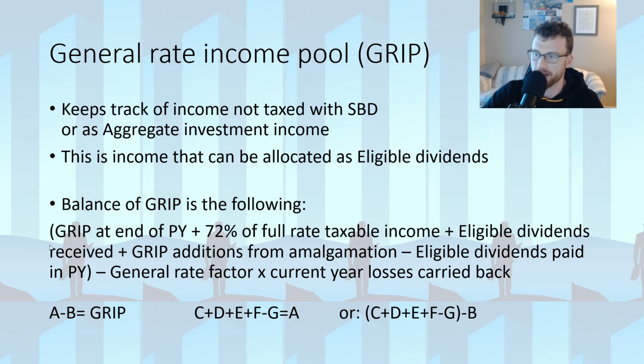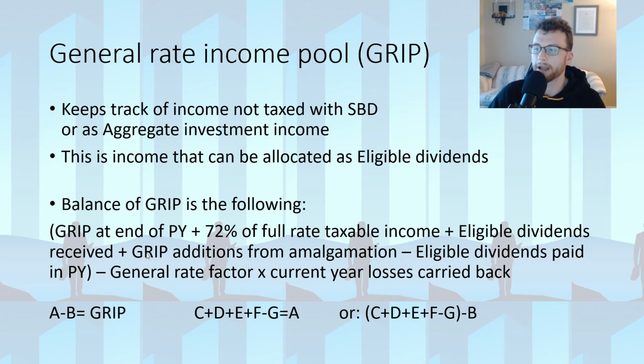Let's start off with C. C is the GRIP at the end of the prior year. D is 72%, or the general rate factor, of the full rate taxable income. E is the total eligible dividends received from other corporations.